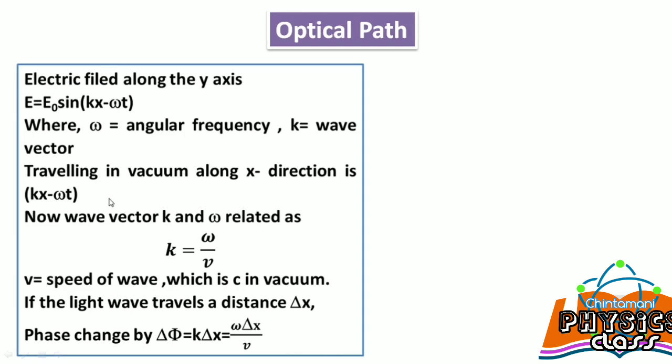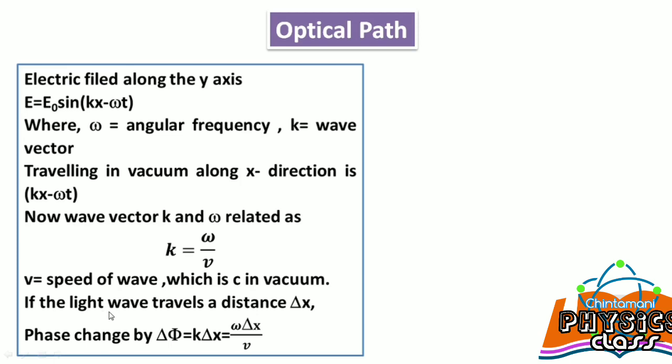The wave vector k and ω are related as k = ω/v, where v is the speed of the wave, which is c in vacuum.